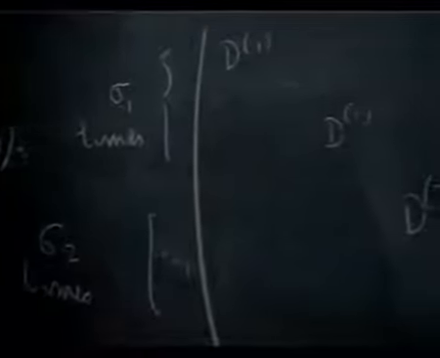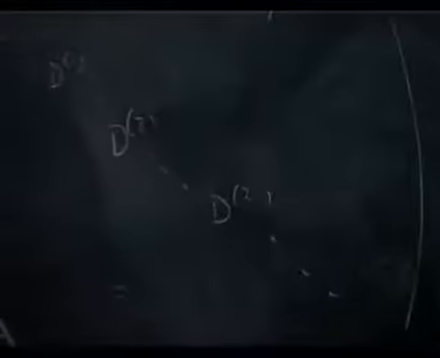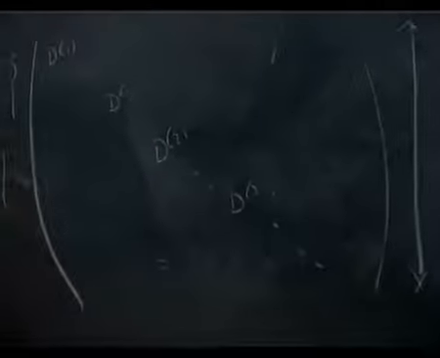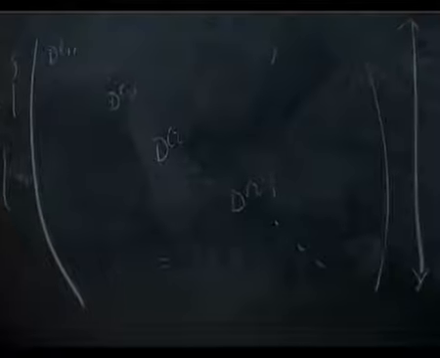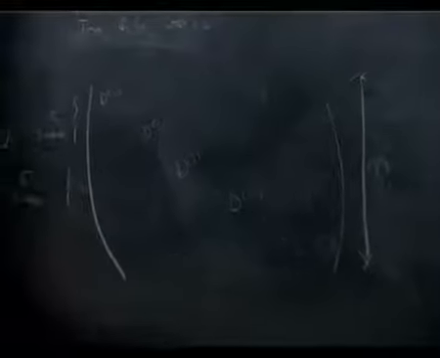But what is the total length? It is acting on the group algebra. So what is the total length here? Order of the group is n. So you get a sum rule.